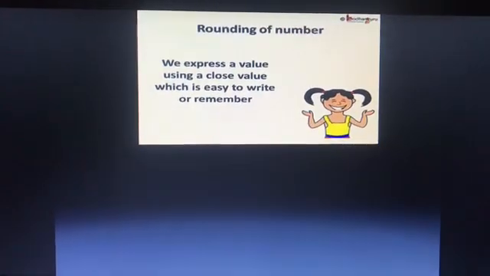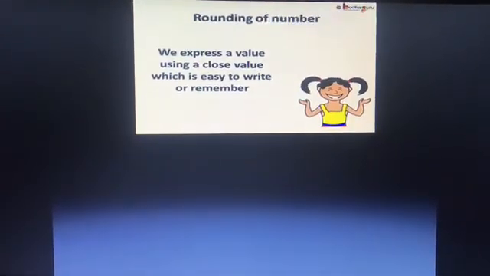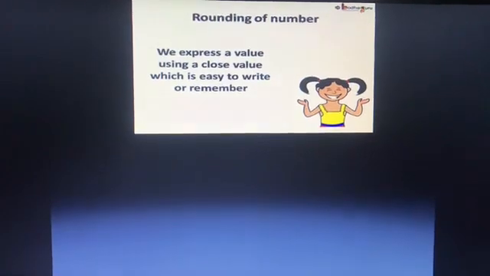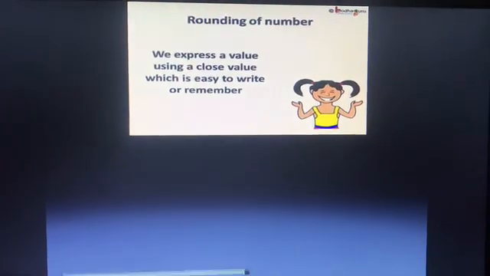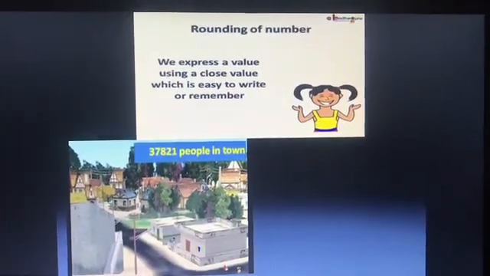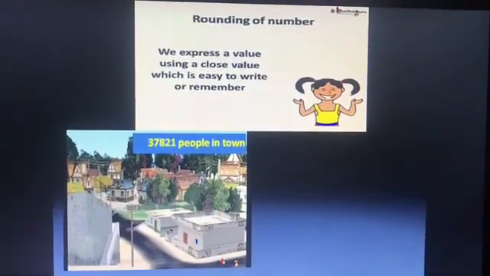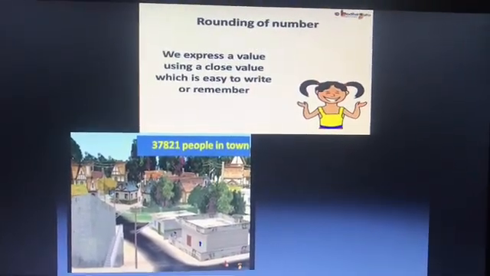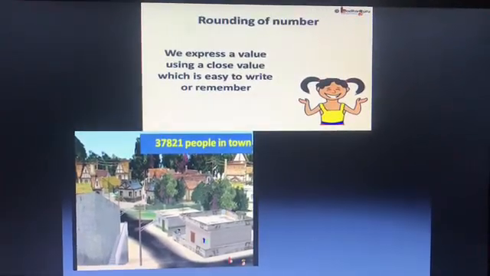So in rounding off a number, we express a value using a close value which is easy to write or remember. One more example we see: if there are 37,821 people in a town, then all the time we need to tell or write the number of people in the town.